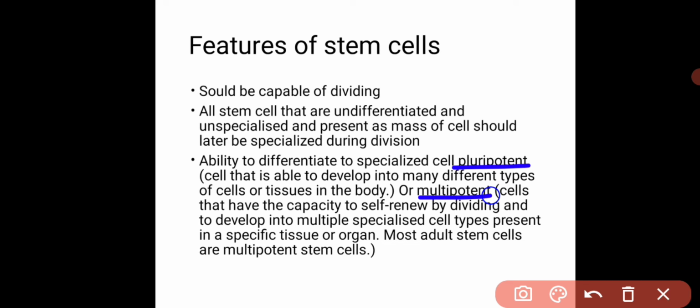What are pluripotent and multipotent cells? A cell that is able to develop into many different types of cells or tissues in the body, we call pluripotent. And the cells which can only self-renew by dividing, we call multipotent cells.